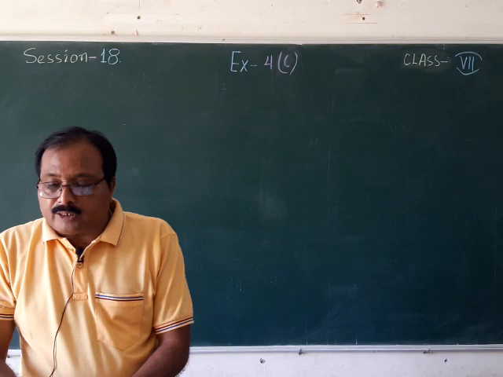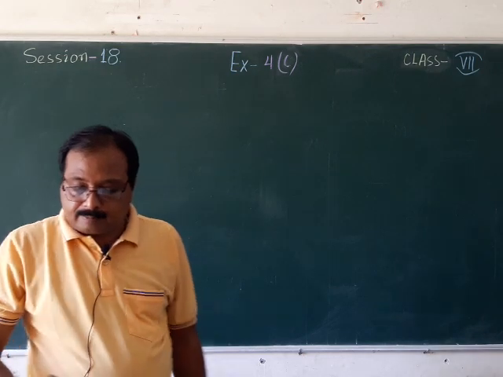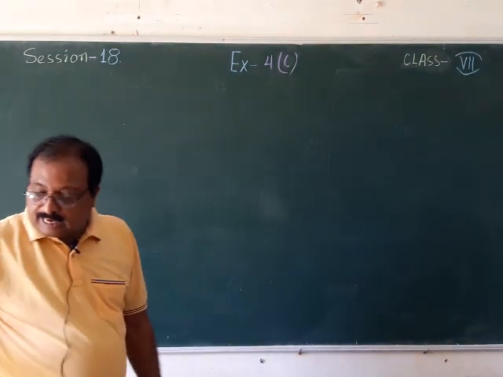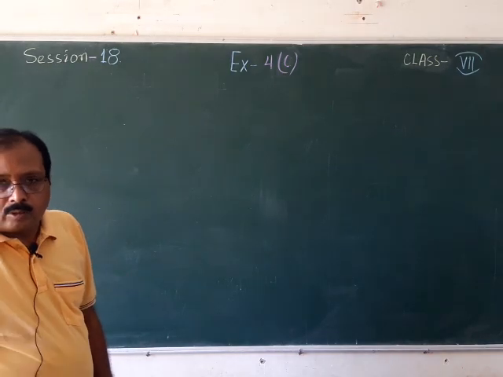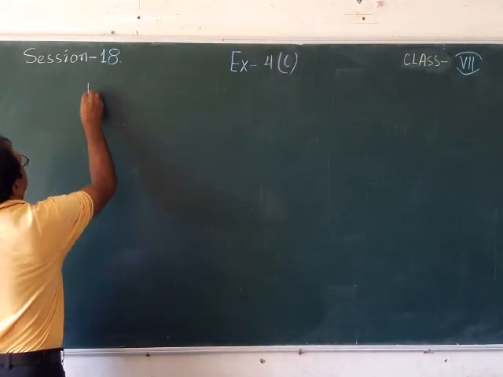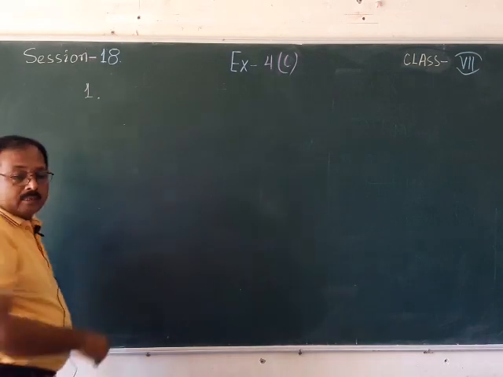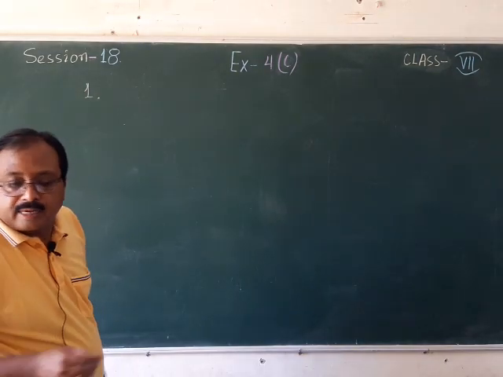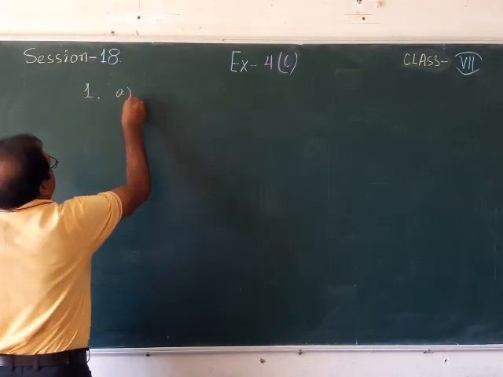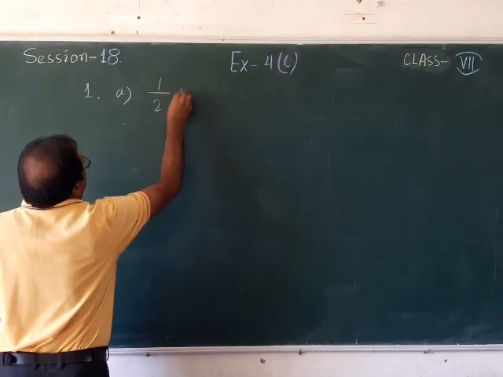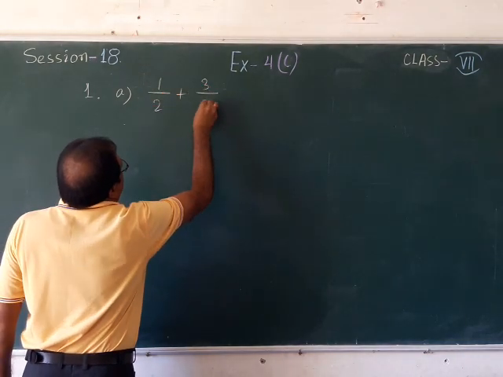So here 1 by 2 plus 3 by 2 is there. 1 by 2 and 3 by 2. So question number 1, this is 1A, 1 by 2 plus 3 by 2.